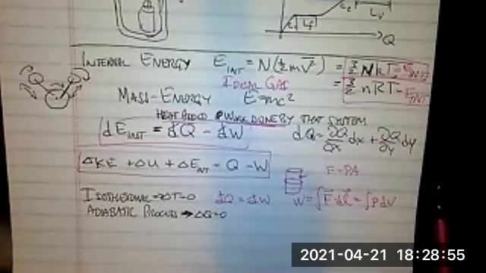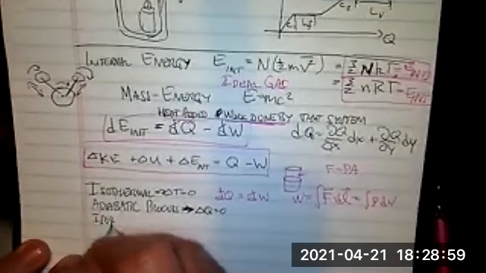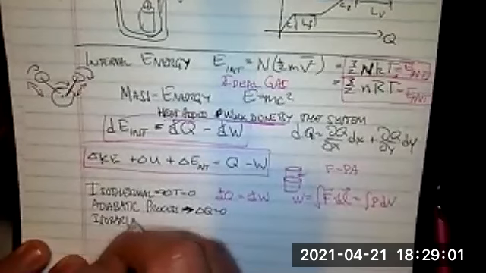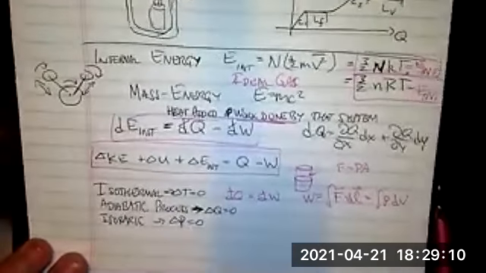There's also an isobaric process, which if you remember, bars are units of pressure. You might realize that this is delta P is equal to 0.